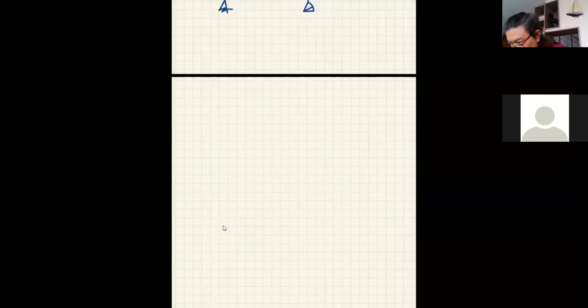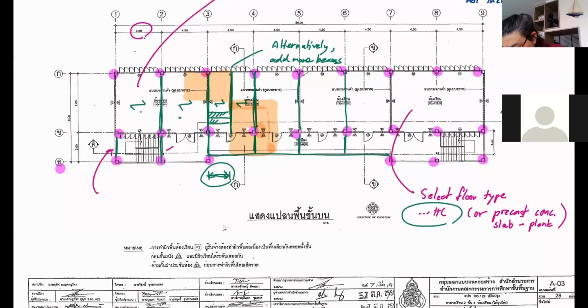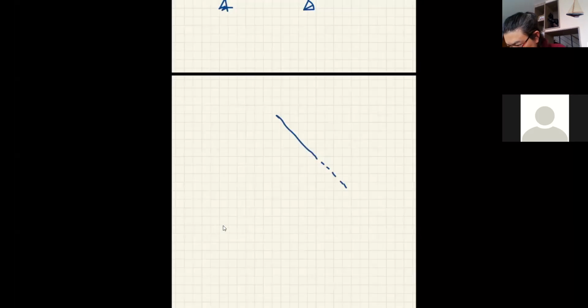When you look at the stairs, let's say this is the grid line. What grid line is this? This is grid line number 2. Okay, you say that's grid number 2. So you have the landing somewhat around here.